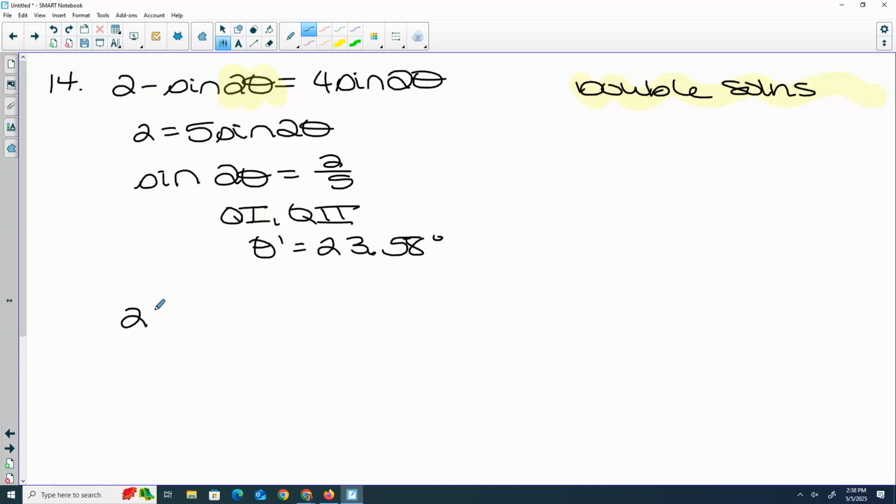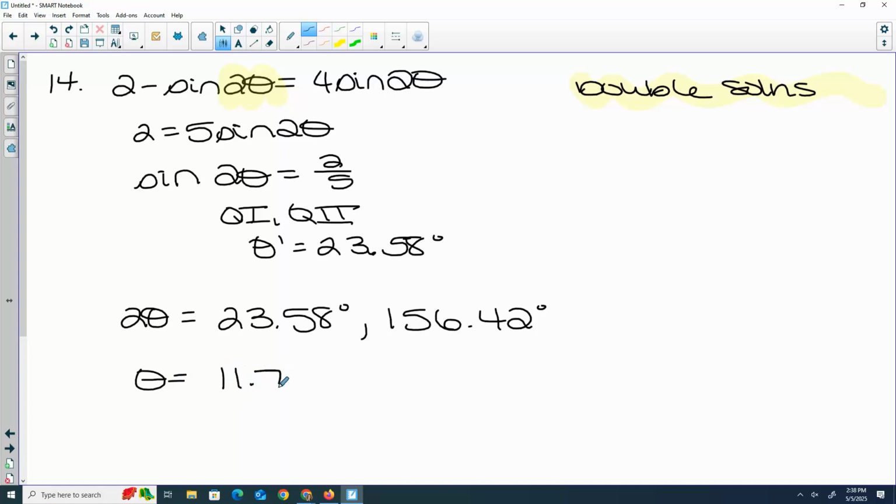So our angle, 2 theta, could equal, in quadrant 1, the reference angle is the angle. In quadrant 2, you subtract from 180. We're trying to find theta, so if we divide those by 2, we get 11.79 degrees and 78.21 degrees.